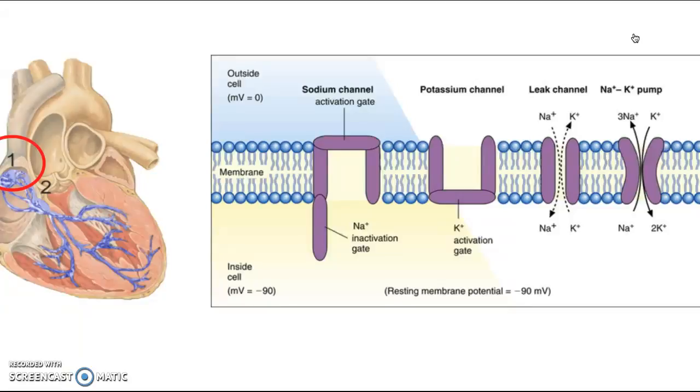The SA node, which is found towards the base of the heart, is made of specialized cardiac muscle cells called pacemaker cells, which contain leaky sodium-potassium channels in their membranes.